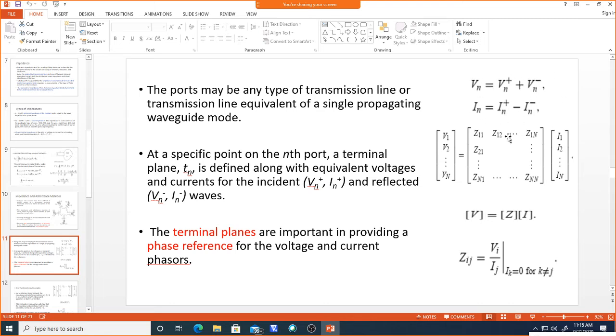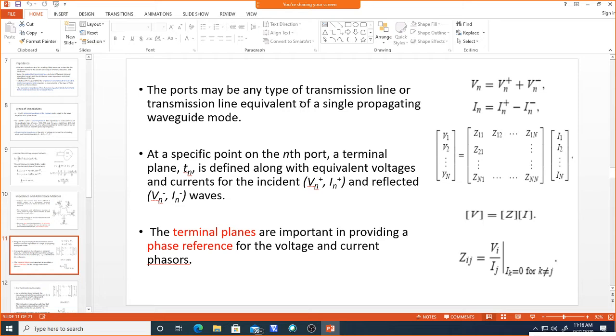If you normalize z to 1, you get the normalized value, and you can write the current equation, which is V by Z. If you normalize the Z value, then you get I equal to I plus minus I minus, because the Z value is normalized.